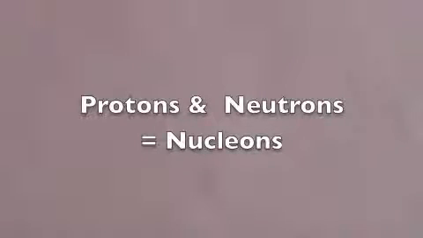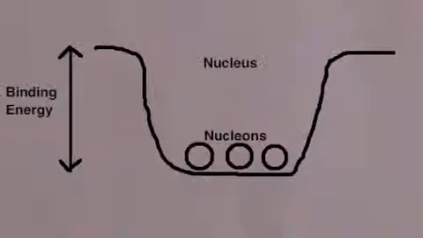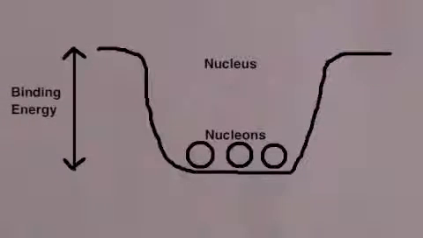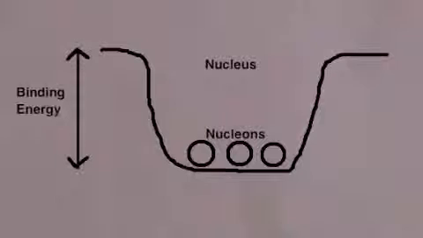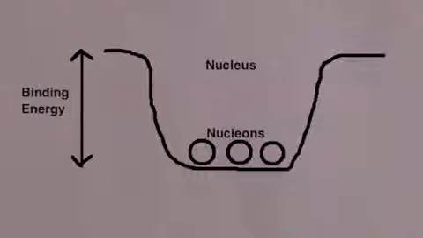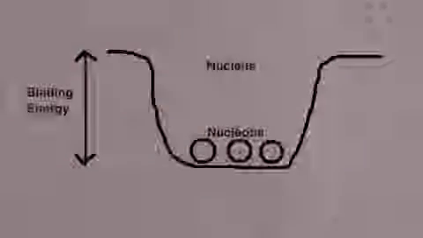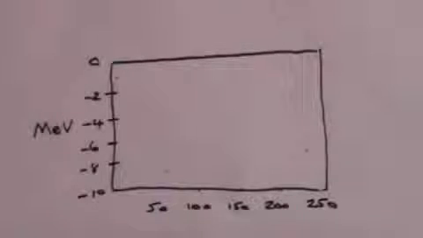Well, in order for protons and neutrons, which as I've said we call nucleons, to be held together in the nucleus, they have to be bound. We can plot the binding energy per nucleon for each element from hydrogen to uranium. Here I have a chart which along this axis shows the total number of nucleons, that's protons and neutrons, in the nucleus.